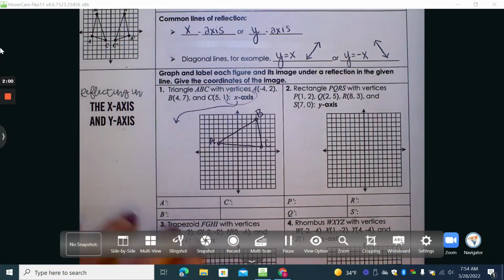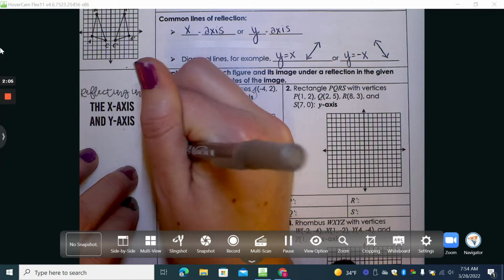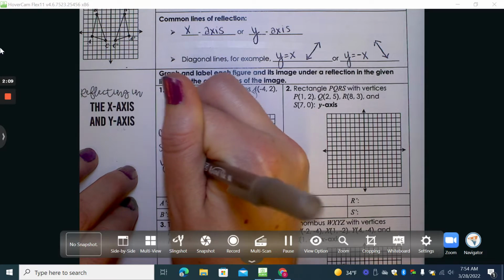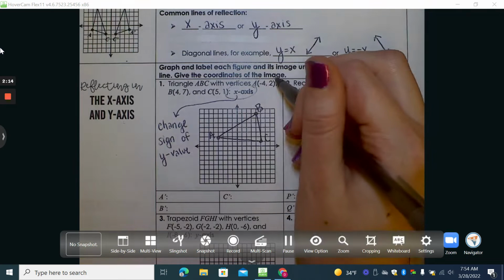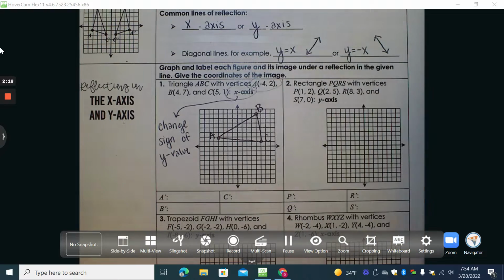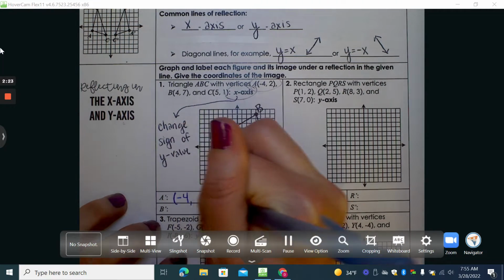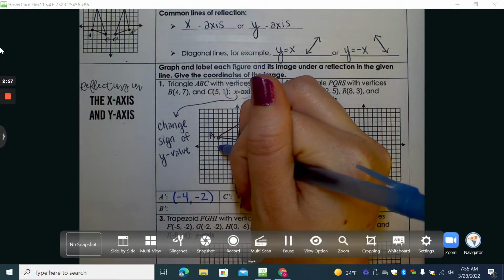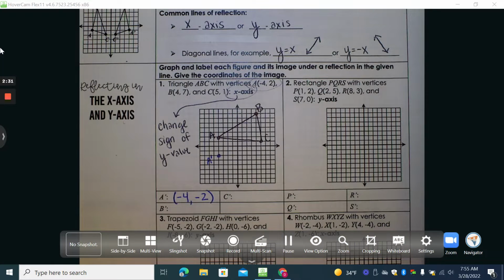When I do this, all I'm going to need to do is change the sign of the y value in my ordered pair. So if A is at -4, +2, I'm going to change that y value and my image will be at -4, -2. A prime is going to be right there.